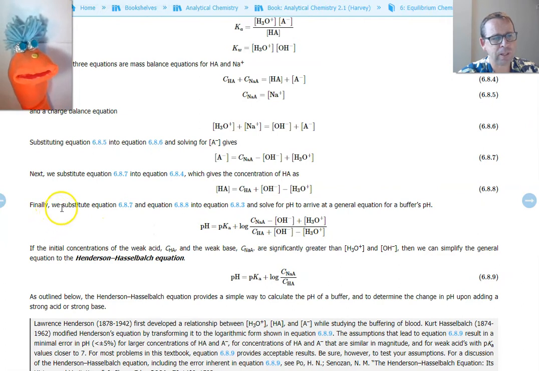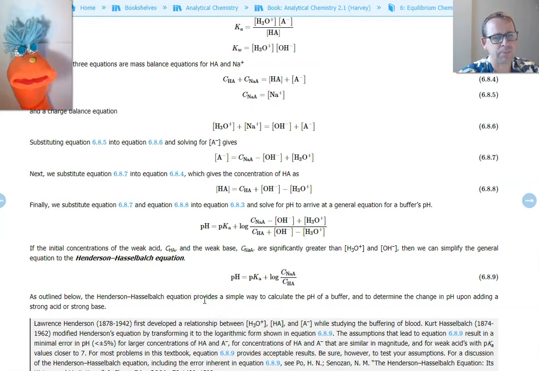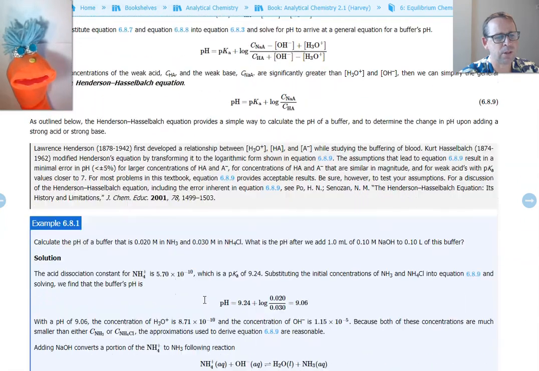And finally, we are going to substitute equations into each other until we get one that looks reasonably solvable. Oh, good, it does reference the Henderson-Hasselbalch equation down here. So we can use the concentration of our dissociated and the concentration of our associated form. Here, the dissociated form is shown as the acid salt. Okay, very good.